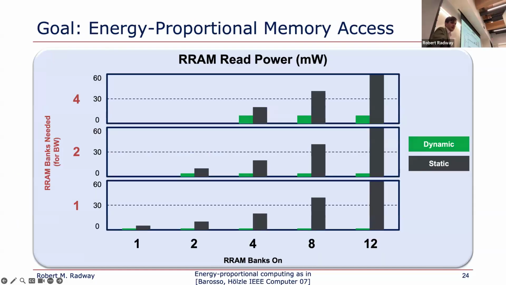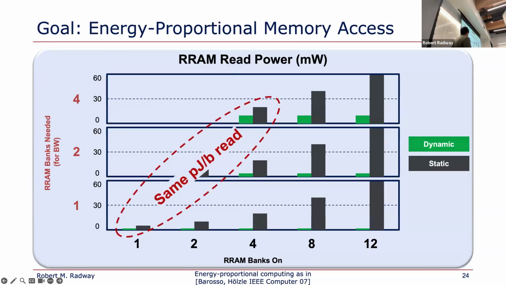The idea is that if we want our memory to have the same picojoules per bit read, the same energy per read, regardless of how much bandwidth we're accessing, then we want to make sure that the number of RM banks that are on is proportional to that bandwidth need. For example, in our system, we had 12 1 megabyte banks. Well, you can only ever read at max 4 at a time. It's a design limitation of our accelerator, how much area we had for our accelerator.